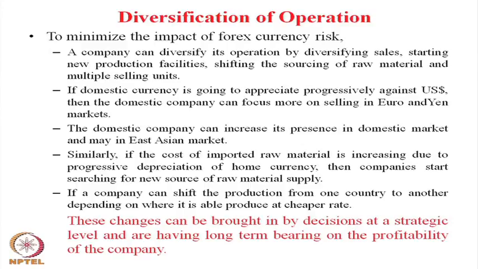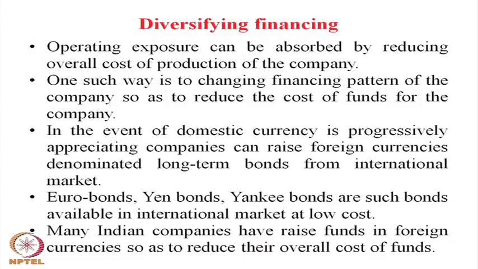Similarly, we can also go for diversifying the financing pattern of the company, because operating exposure can be absorbed by reducing the overall cost of the company. When the domestic currency is appreciating and the company is losing the market because of the appreciation of the domestic currency, companies should reduce the overall cost of production, and one part of the overall cost of production is the fund cost.